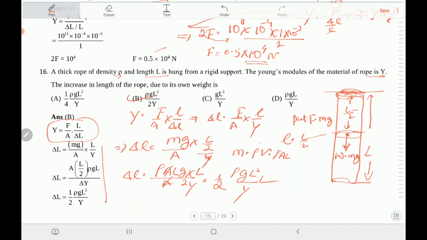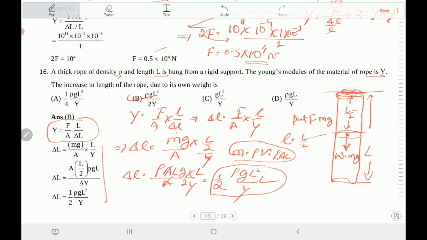And for mass, very important, because numerical problems can be asked on this. They give volume or area, length, density, right? Find increase in length. That is the question. First of all, remember this as a formula. If you forget, no worry, you start from Y, F by A, L by delta L. F is its own weight, that's why mg.